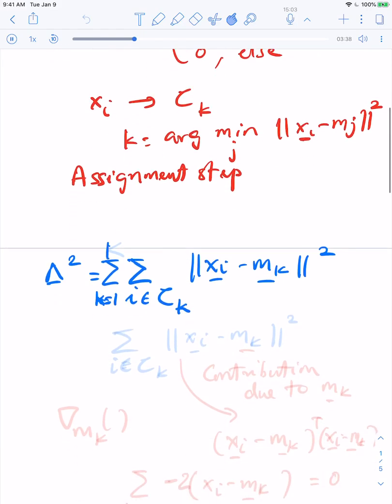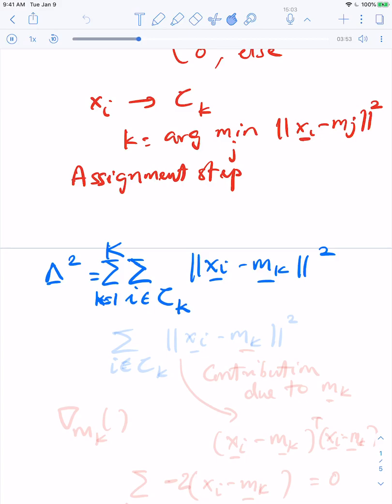So basically you're saying for each cluster, what is the distortion I have for the points that have been assigned to me, and then of course I have to sum over clusters.